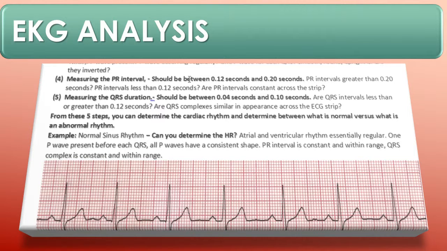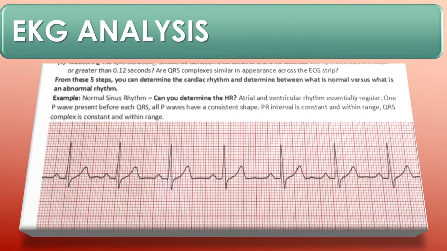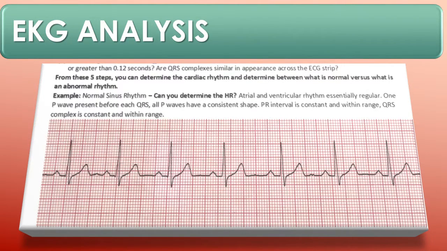The duration should be between 0.04 and 0.10 seconds. You want to see if any are greater than 0.12 seconds, and whether the QRS complex is similar in appearance across the ECG strip. So using those 5 steps, you will be able to determine what the cardiac rhythm is, and you'll be able to tell whether it is normal or not.